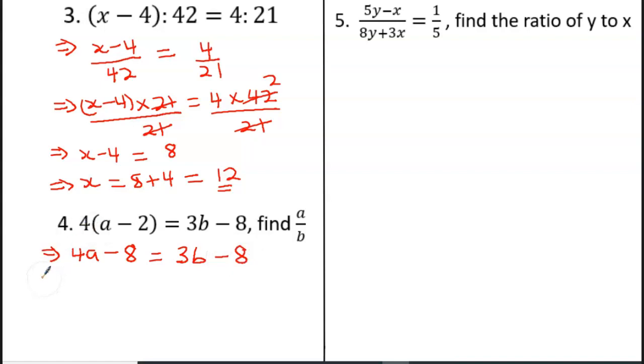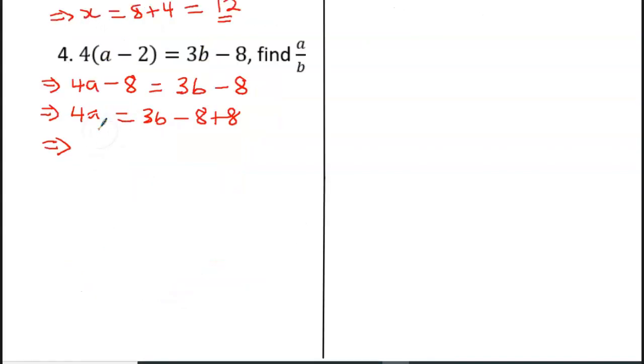So now we can group the like terms. So 4a, we can send this one to this side, is equal to 3b minus 8 plus 8, which implies that 4a is equal to 3b. Now we have to find a on b. So first we need to divide through by b.